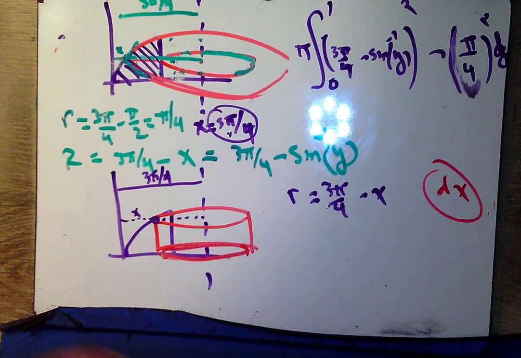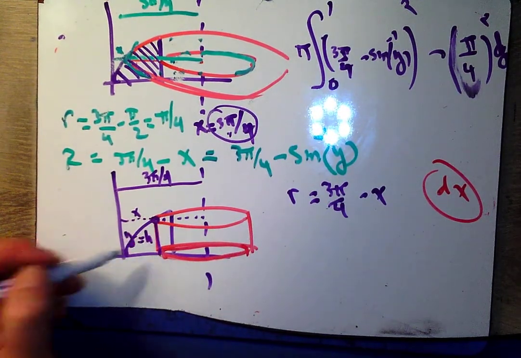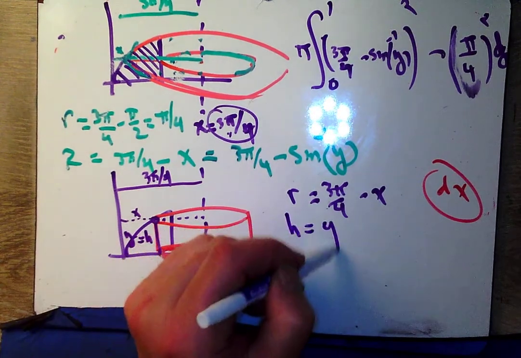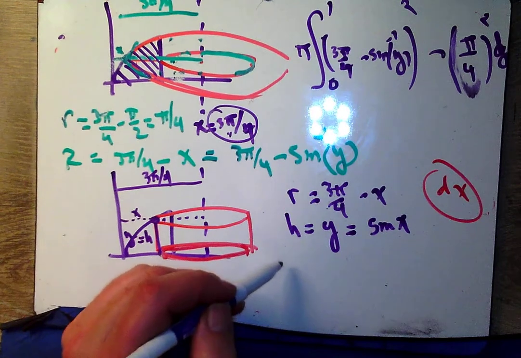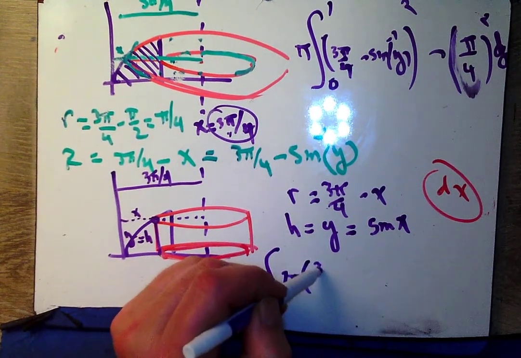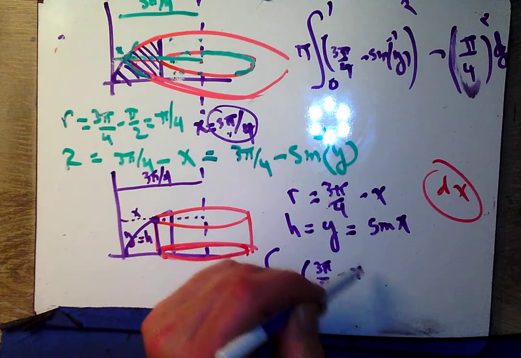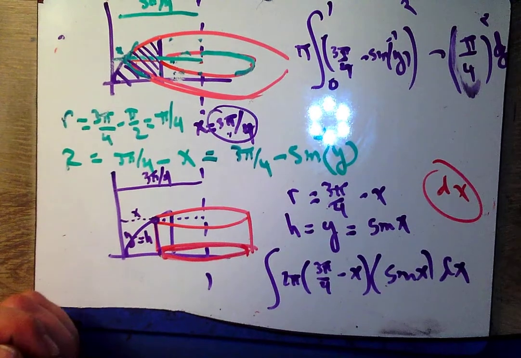All I need now is the height, and the height is this y value. But since we're doing dx, we'll want sine x. So my integral of 2 pi, 3 pi over 4 minus x times sine x dx.